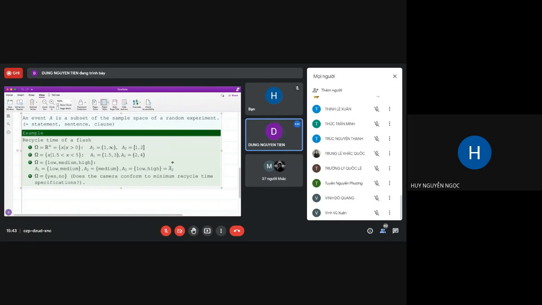All right. So you can have many events, right? You can have many events. And how can you combine events? If you want to combine events, you want to combine clauses. How can you combine clauses in English? In English, if you want to combine clauses, you can use conjunctions or you can use conditional clauses, right?